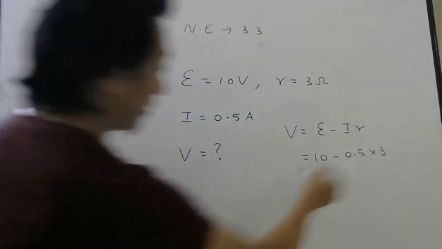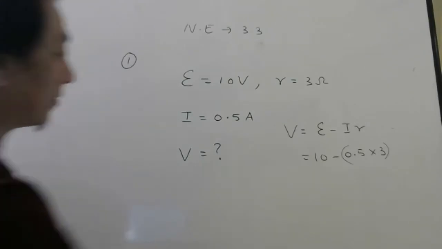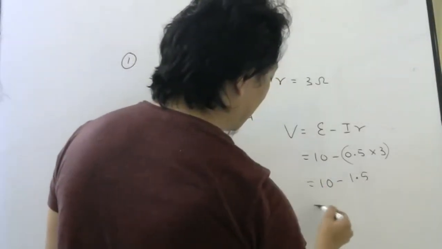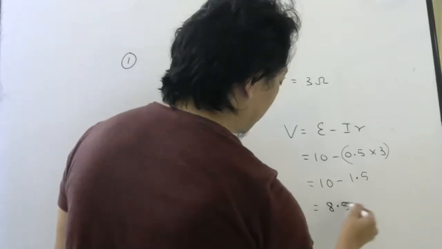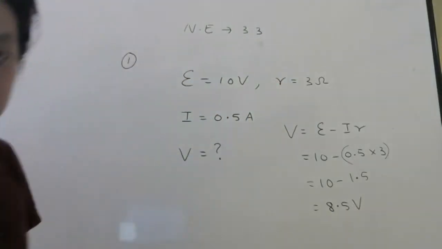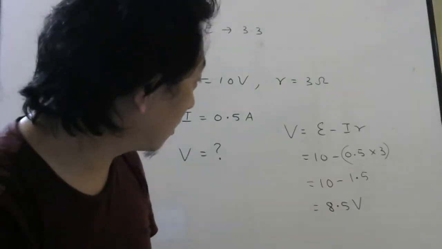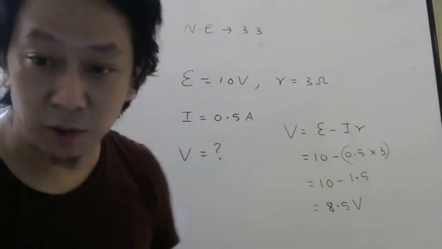So be careful in such cases to multiply first and then subtract. So 10 minus 1.5, that is 8.5 volt. So please remember 8.5 volt.